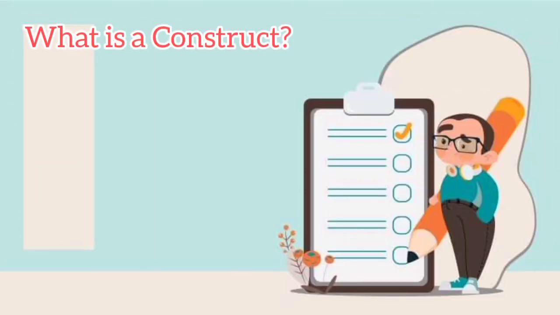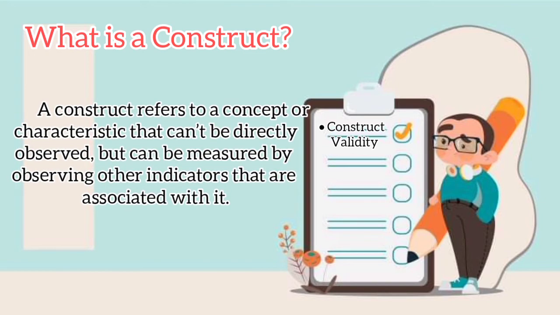So let's begin with construct validity. But first, what is a construct? A construct refers to a concept or characteristic that can't be directly observed but can be measured by observing other indicators that are associated with it.